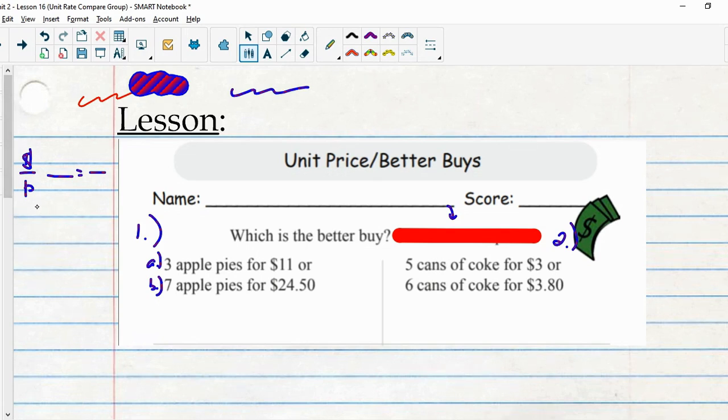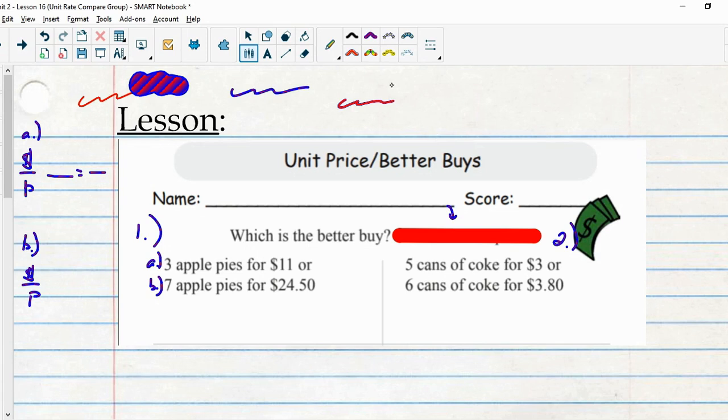So for A, set it up like I am. For A, 3 apple pies for 11, or B. You know what? This is actually a good time to talk about this. My question is this, listen carefully.